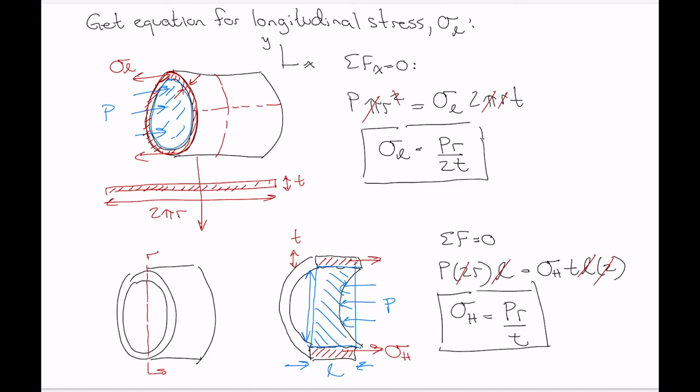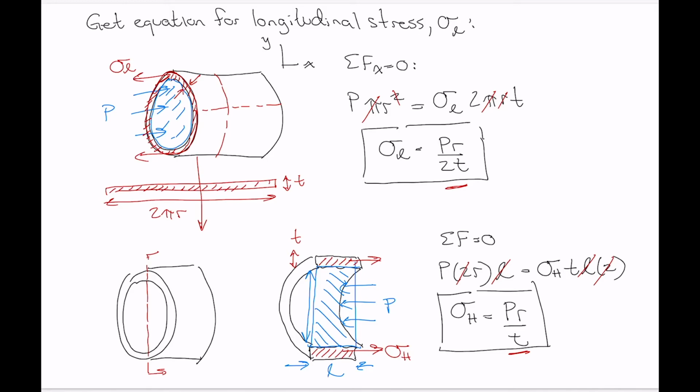But for any cylindrical thin-walled pressure vessel, the equations governing the longitudinal stress and the hoop stress are these two here. And note that compared to the hoop stress, which is PR over T, the longitudinal stress is 1/2 of that, PR over 2T.